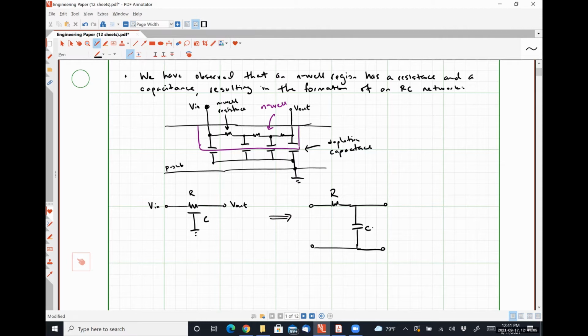I'll call this R, call this C. Here's my input voltage. Here's my output voltage. Now, really, I'm going to put an R prime here and a C prime here because we're about to do some transmission line theory work, okay? So I'm modeling this guy as an RC network where this is actually, instead of a lumped parameter model like we're used to doing with regular circuit analysis, we are going to develop a distributed parameter model, which would be representative of a section of transmission line.